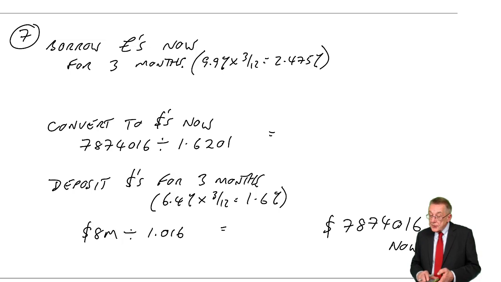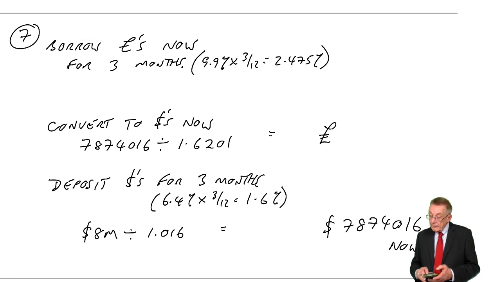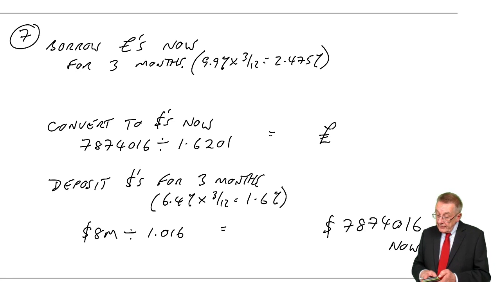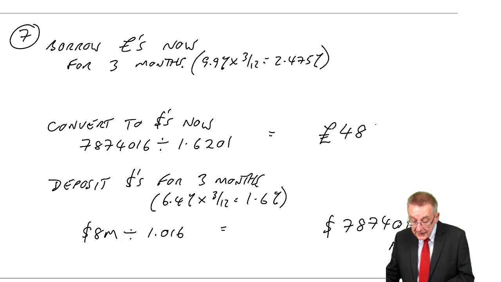So how many pounds do I need? $7,874,016 divided by 1.6201 is £4,860,204.